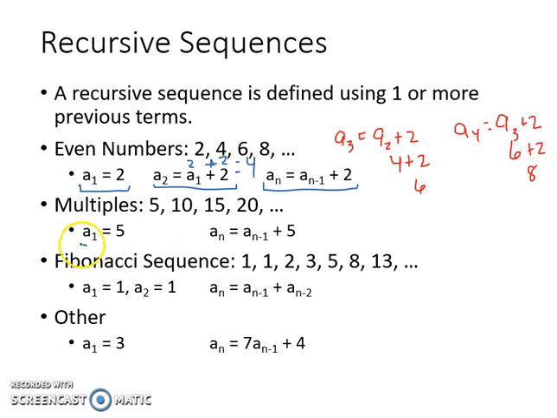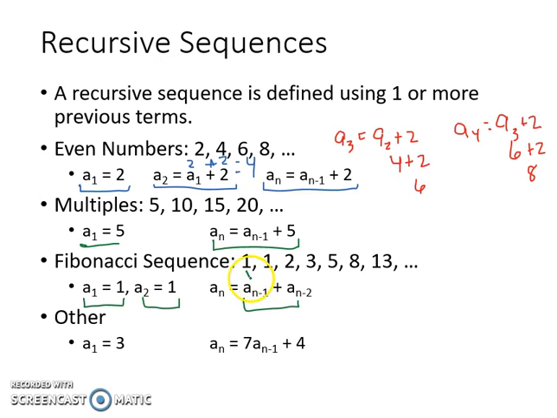We can do the same thing with the multiples of 5. Just our first term is 5, and then each successive term we're going to add 5 to it. One of the famous recursive sequences, they're seen all over the place, we're going to start with our first two terms. A sub 1 is 1, and a sub 2 is also 1, and then each of our subsequent terms, we're going to add the two previous terms.